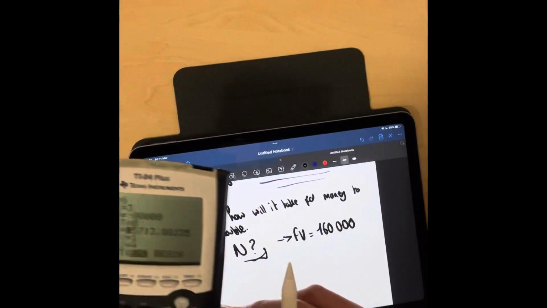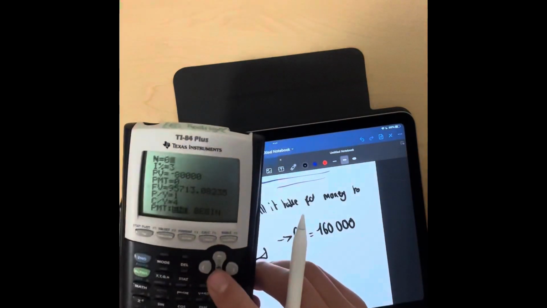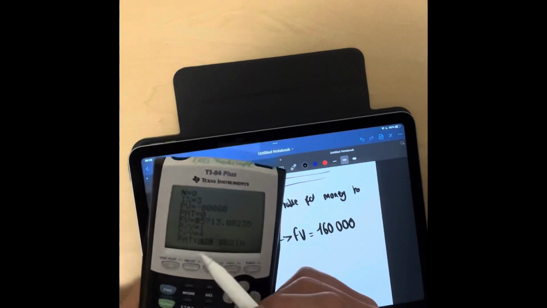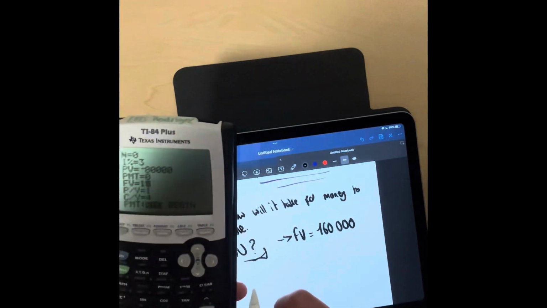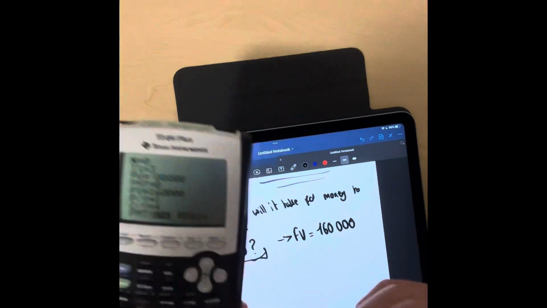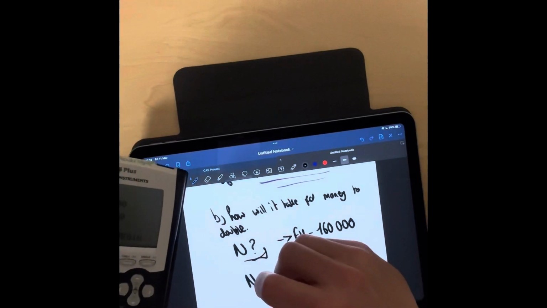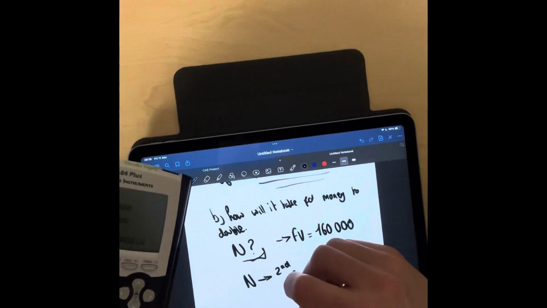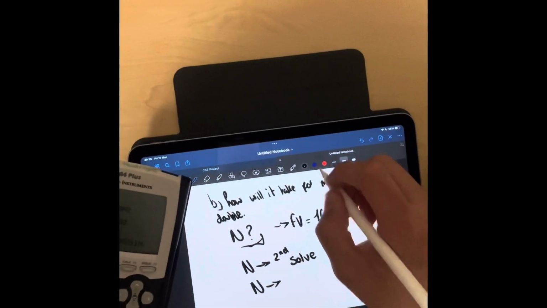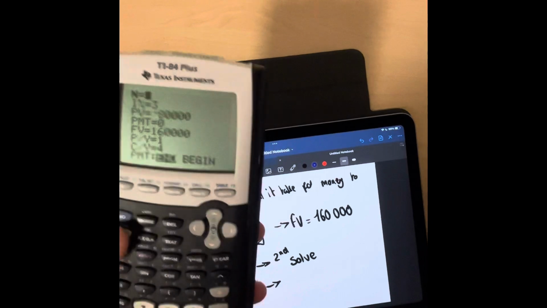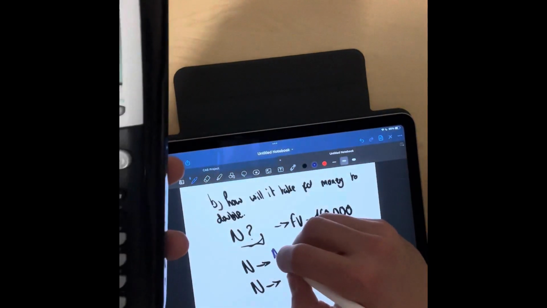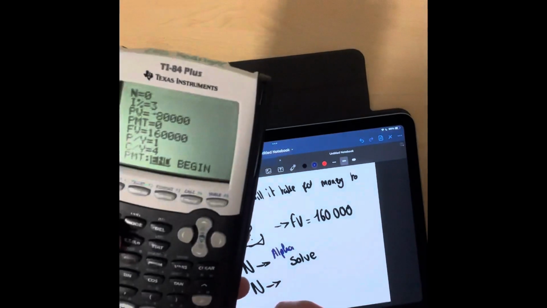So we write 0 here and leave this as it is, and on FV we're now going to include something because we know what the final value is: 160,000. And now we go to n. Alpha solve, and the answer for n is in blue.